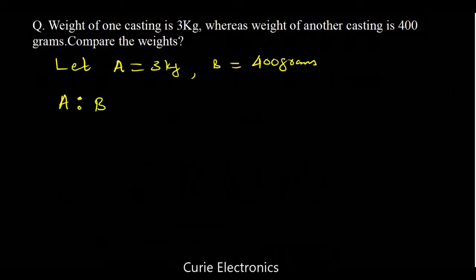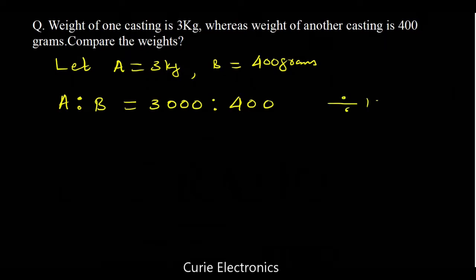So A is to B equals 3 kilogram, which I will convert to grams. If you multiply 3 by 1000, we convert kg to grams. So 3000 is to 400. What do you have to do?